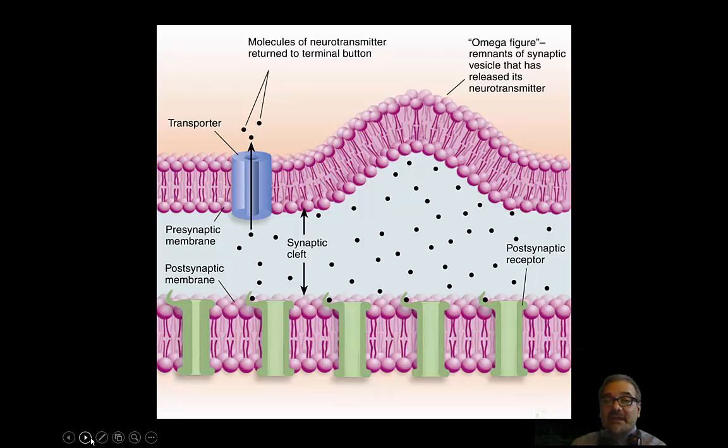And just touch base on this process, right? So you've got the release of the neurotransmitters, and the thing is, if the neurotransmitters just sit around the synaptic cleft, they will just keep triggering the opening of channels. So you don't want that. Otherwise, you might have too much of these ions, especially calcium, causing something we call excitotoxicity.